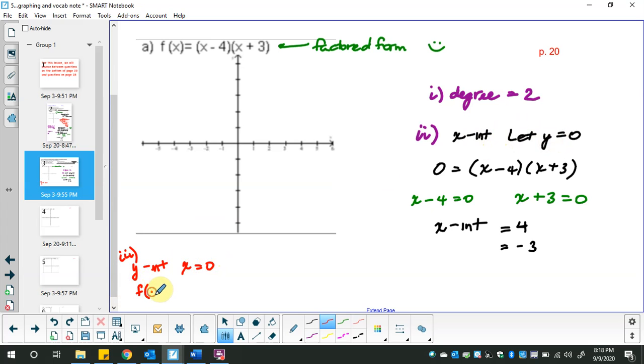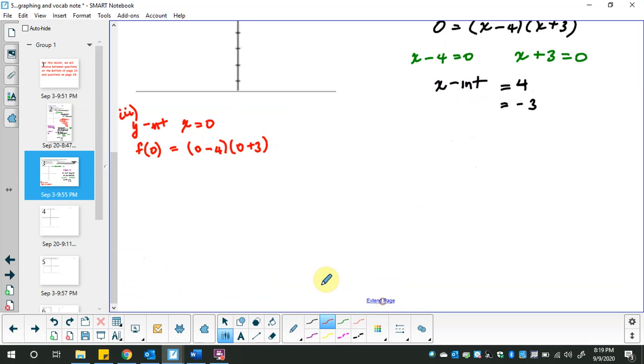So that means I can take my f at x and say it's f at 0 and turn all the x's into 0, so substitute. Do a little BEDMAS. This is multiplication, so we end up with a y-intercept of -12.